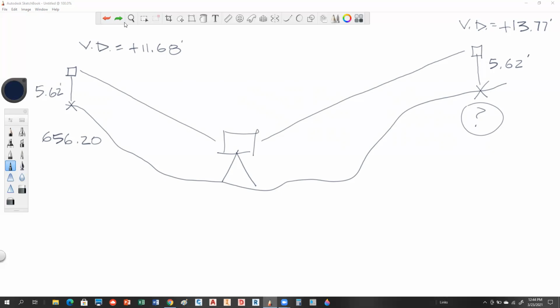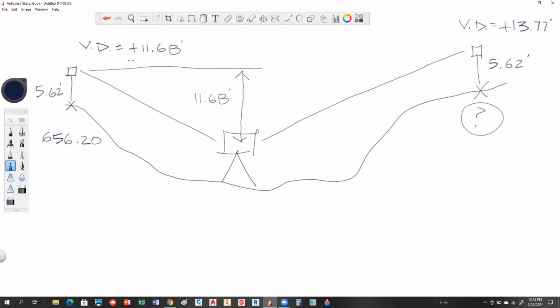I'm not disagreeing, but I want you to just look at this picture logically. If I draw a horizontal here, that number right there is what? 11.68. Does everybody see that? That's what that means. What does the plus tell me? It's above. Yes, we're looking uphill.